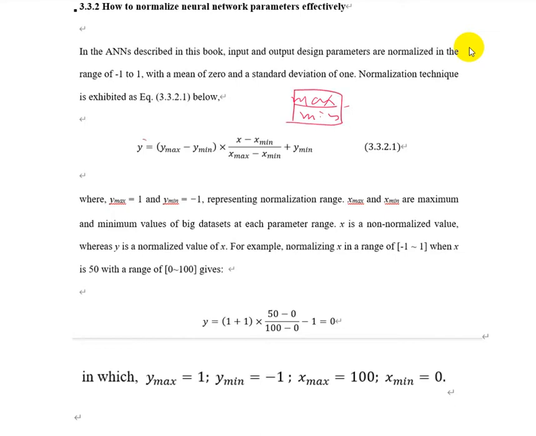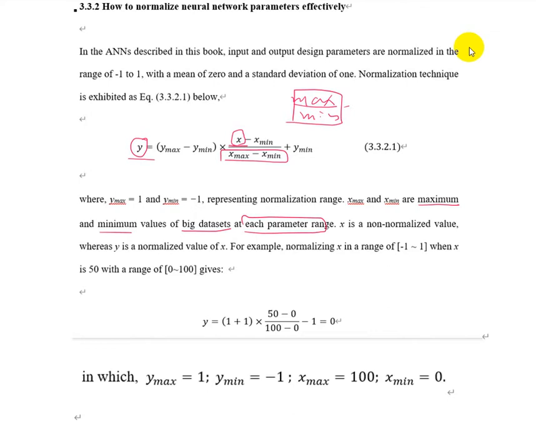So this is the normalized data, and this is the parameter that you want to normalize. And x max and x minimum, in the denominator there, are the range of the big data sets, the maximum and minimum at each parameter.